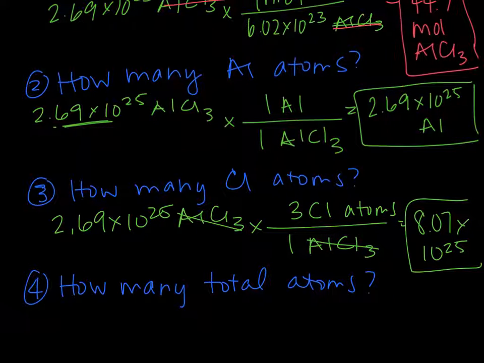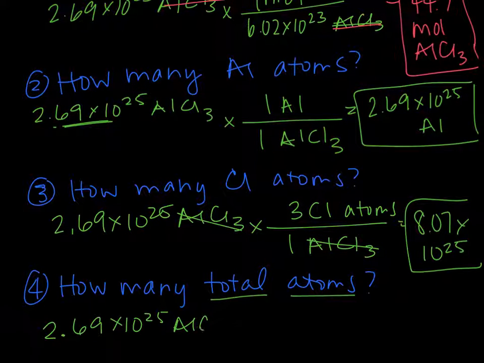All right, now we've got one more. And so this is the same thing, only this time we're looking for total atoms, right? So you can do this one of two ways. One way is you can add together the aluminum atoms and the chlorine atoms because those are the total number of atoms in the whole thing. Or you can do it the same way we've been doing it and write down 2.69 times 10 to the 25th aluminum chlorides.